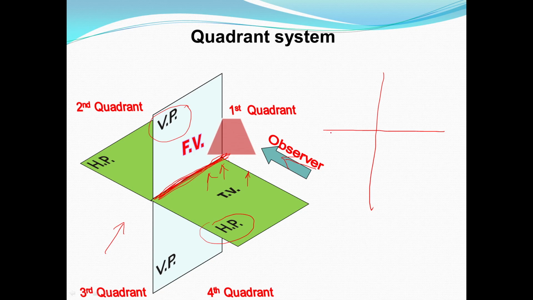So the first word coming into the picture is above. Above means it is at some height from the horizontal plane. This object is at some height from the horizontal plane.